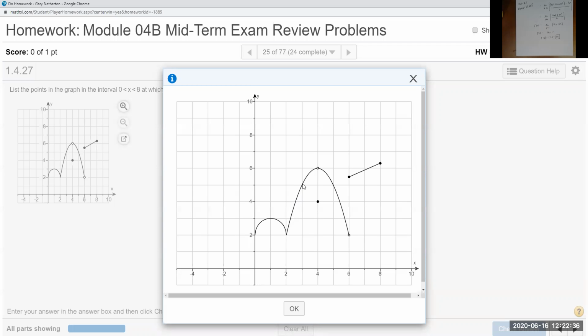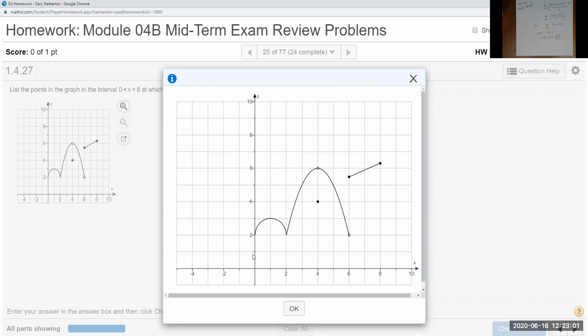I can take the derivative of all this, but when I get up to here, when x is 4, I've got this gap or a break. I cannot take the derivative where there's a gap or a break. So I cannot take the derivative when x is 4. However, I'm okay as I keep going on, but then I get to x equals 6. I got another break and jump, and I cannot take the derivative.